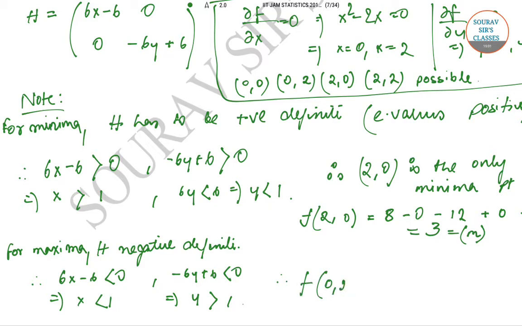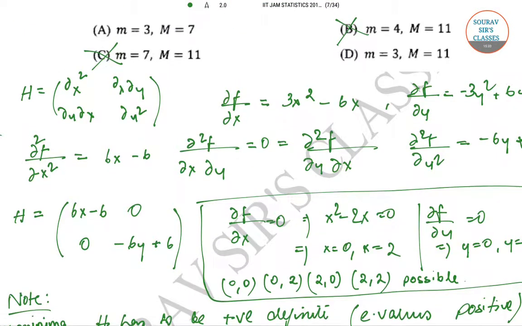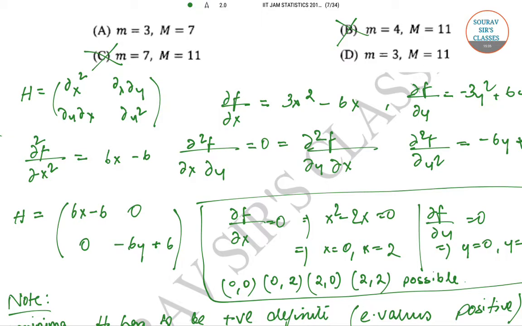Therefore (0,2) is the only option, and f of (0,2) is equal to 0 minus 8 minus 0 plus 12 plus 7, which gives us 19 minus 8, which is equal to 11, which is capital M. So going back to the options, capital M is 11 and small m is 3. So D is the correct answer.